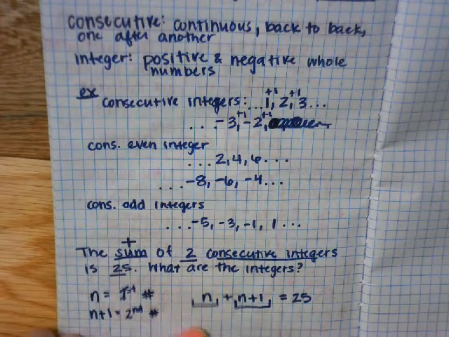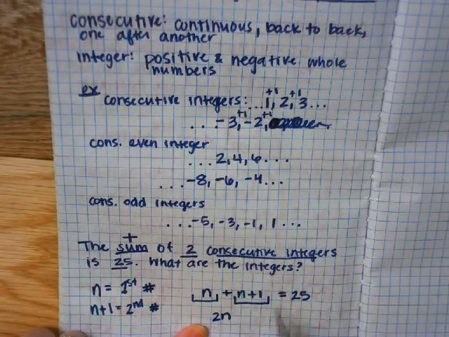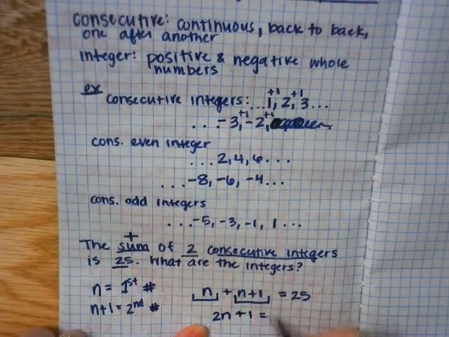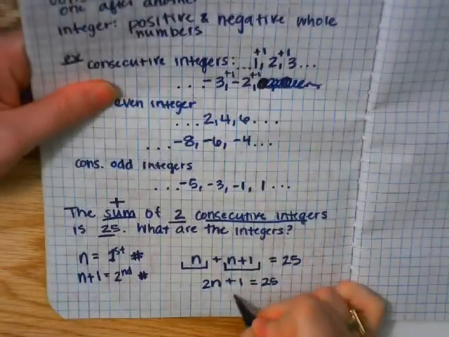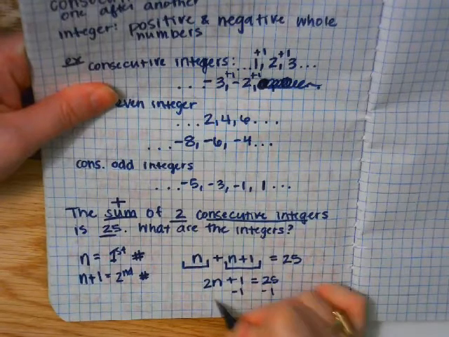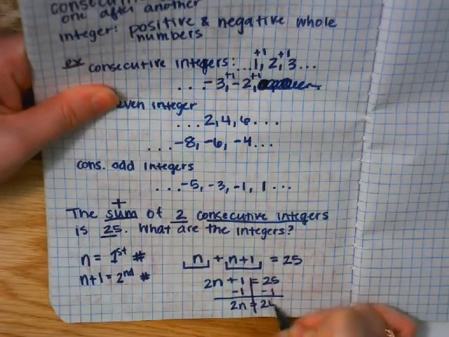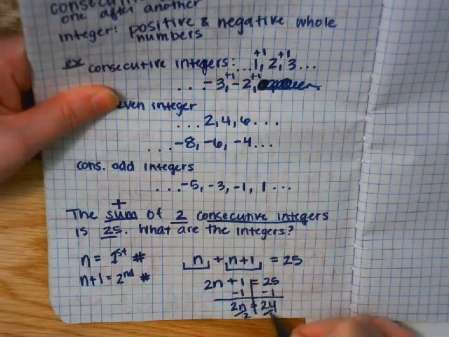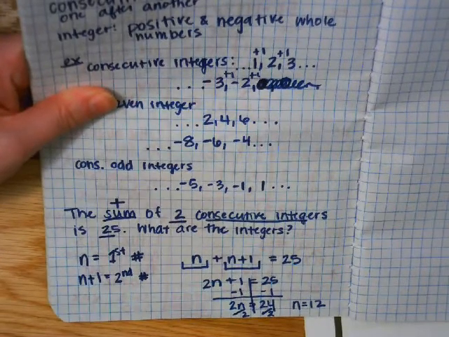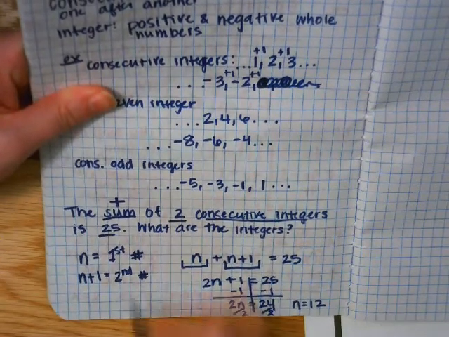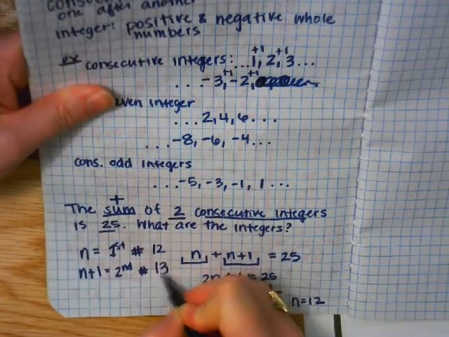Okay, so this gives us n plus n is 2n plus 1 equals 25. So in order to solve this, I subtract 1, and I'm left with 2n equals 24. Divide by 2, and n equals 12. But we want to know both numbers, so the first number, n equals 12, n plus 1 is 13.